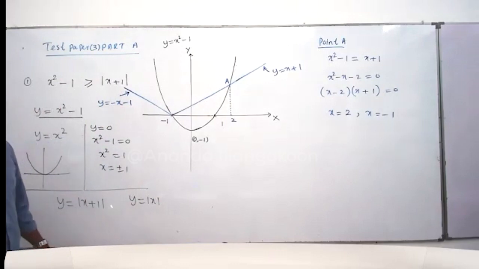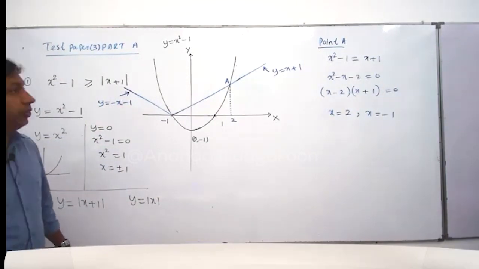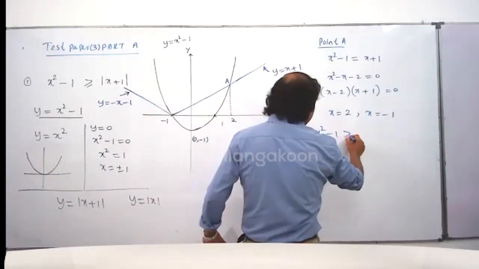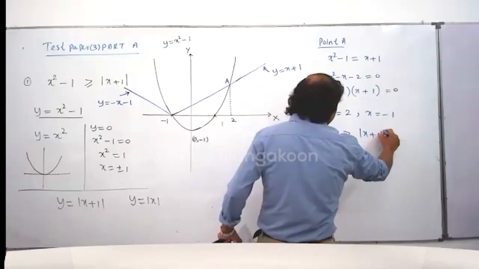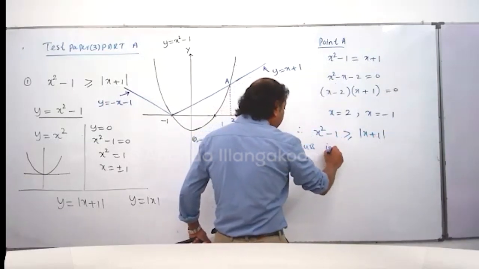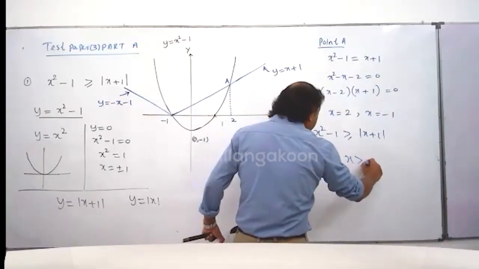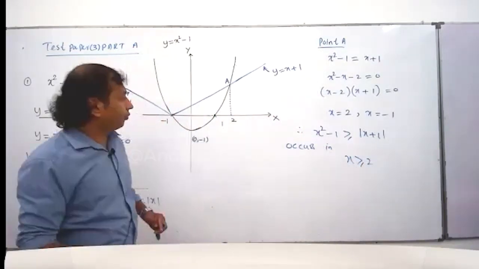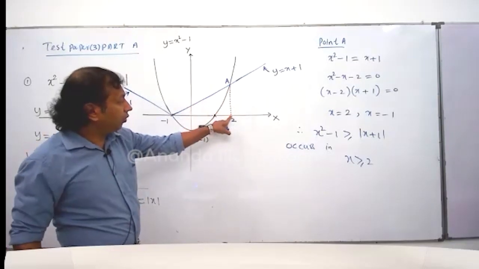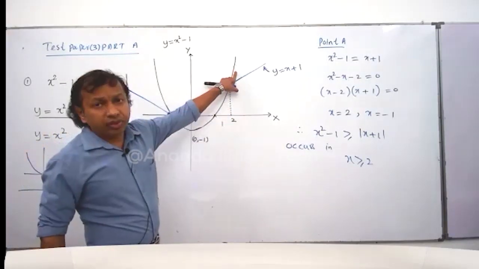Therefore, by the graph you can write the solution. x squared minus 1 greater than or equal to mod x plus 1 occurs for x greater than or equal to 2. At 2 they are equal, and on the right of 2 the black one is above the blue.